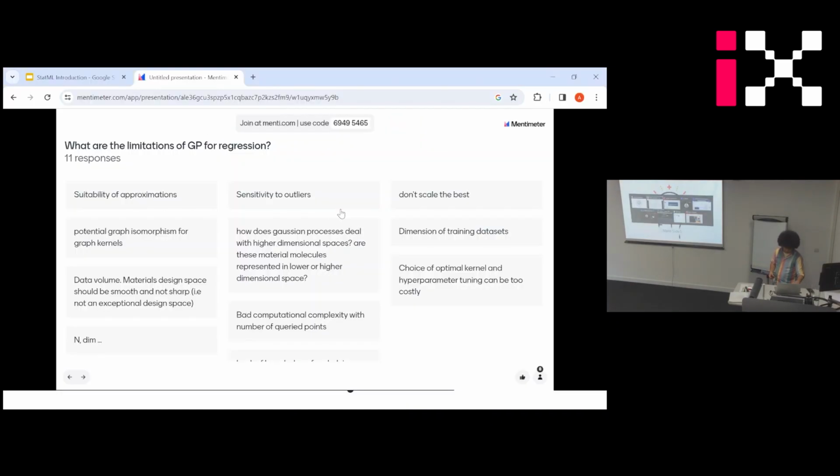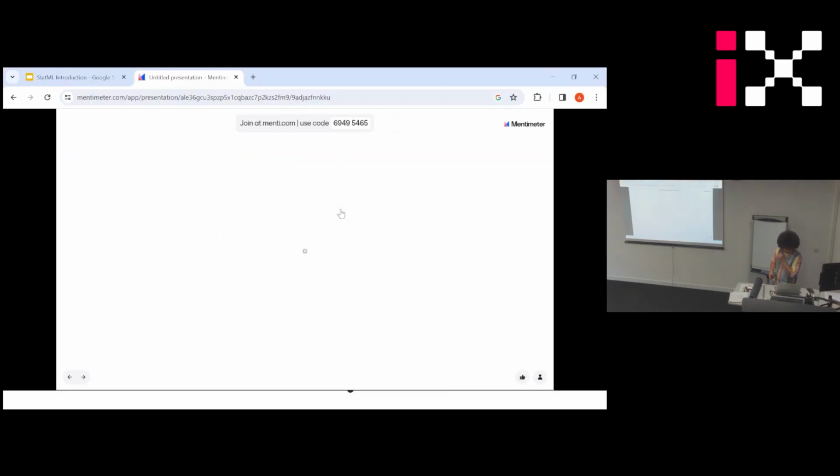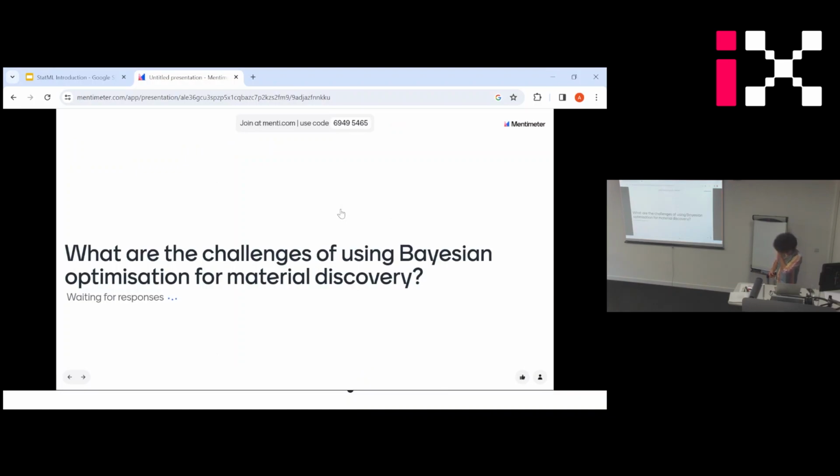Yes, got a Menti again. And here my question is, what are the challenges of using Bayesian optimization for material discovery? So I've covered a few of them, but I would like to have your take on this.